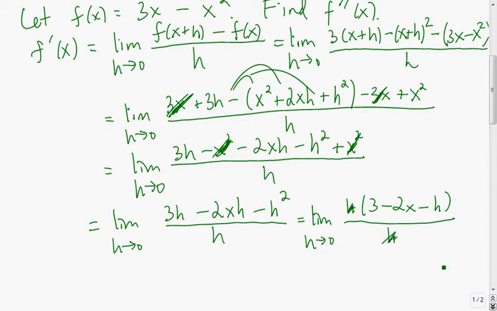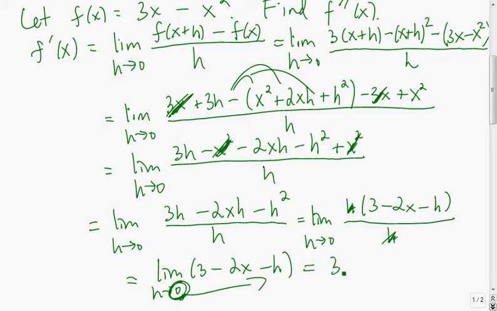So we get the limit as h goes to 0 of 3 minus 2x minus h. And now we're ready to substitute 0 in for the h. So we get 3 minus 2x minus 0, or just 3 minus 2x. So we just found that f prime of x is equal to 3 minus 2x.